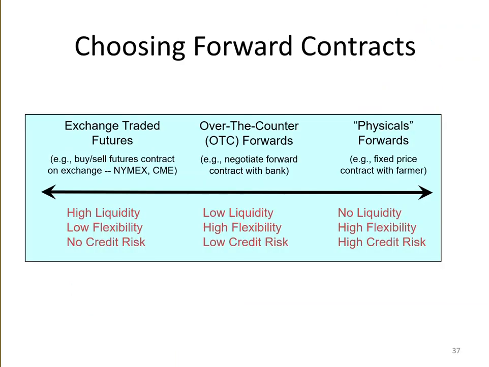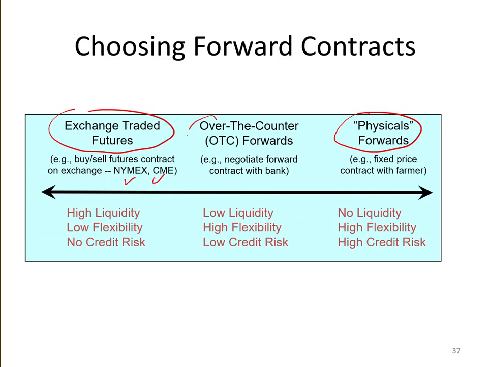So when we think about choosing forward contracts or futures contracts, there are 3 ways of thinking about these contracts. You could have a physical forward. This is the example of Starbucks having a contract with a farmer. You can have an exchange-traded futures contract where the farmer and Starbucks have a contract with the New York Mercantile Exchange or the Chicago Mercantile Exchange.